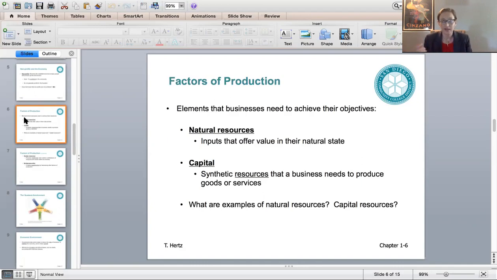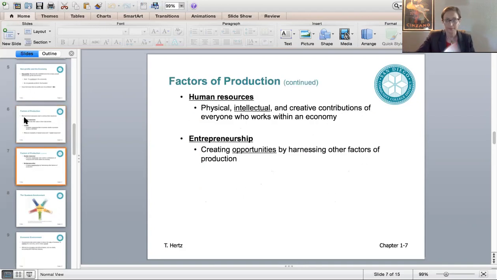Capital, in terms of money capital, can be used to buy capital resources, but that's not what we're talking about. We're talking about buildings, tools, information. Land would be under what? Natural resources. Good.